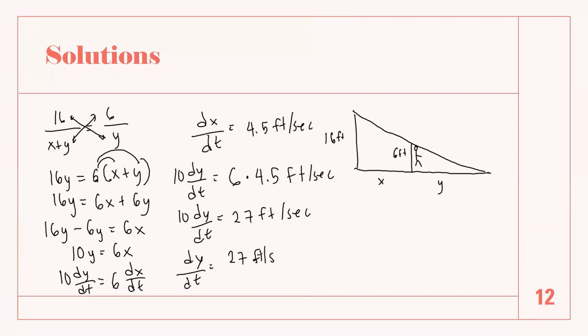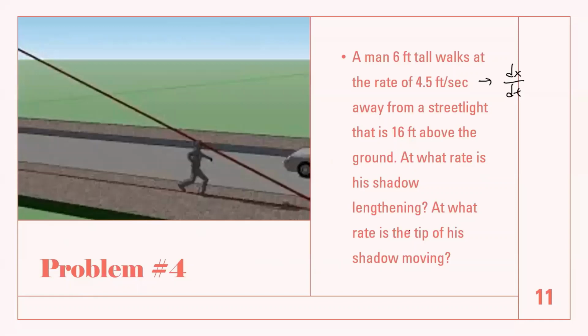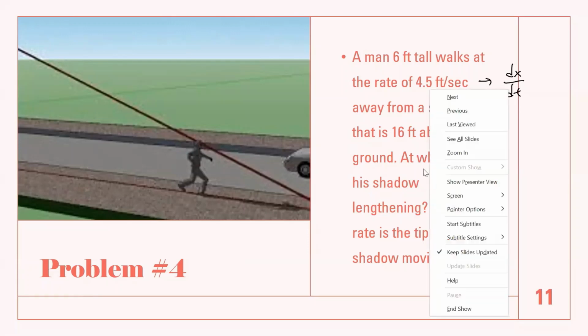Okay. So 27 divided by 10 will be 2.7 feet per second. So this is our dy over dt. So that means the shadow lengthens at 2.7 feet per second.